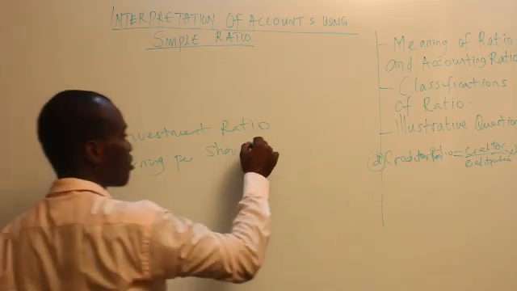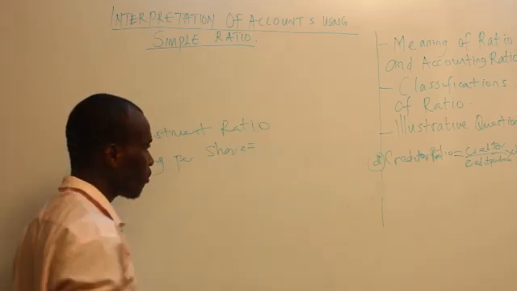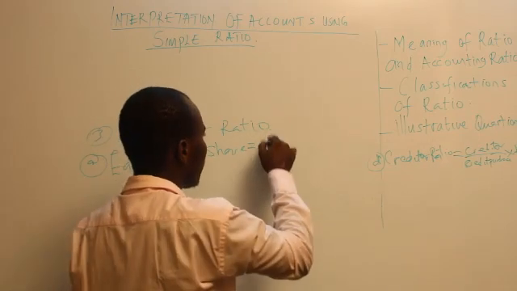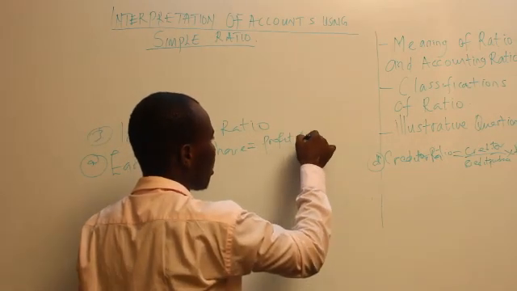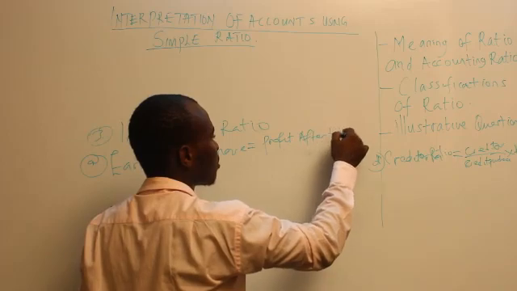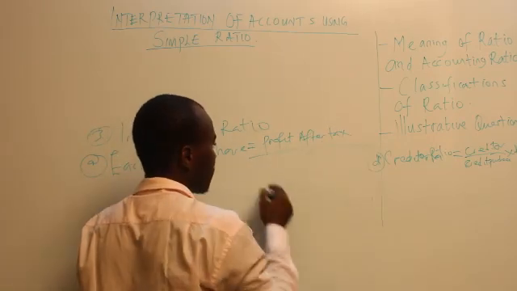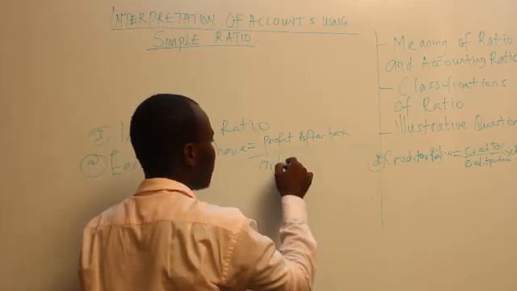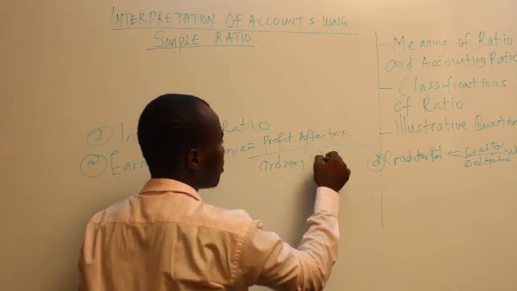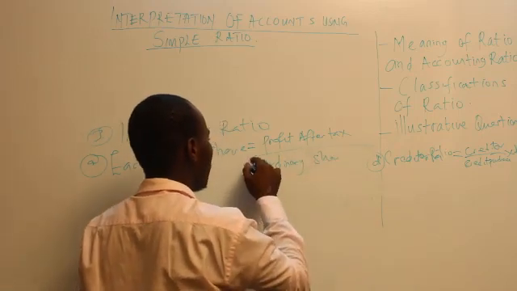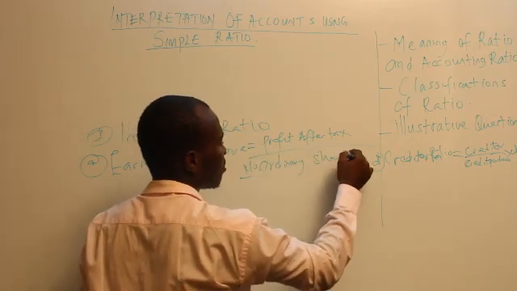This will give us profits after tax over ordinary shares, that is, the number of ordinary shares in the period.